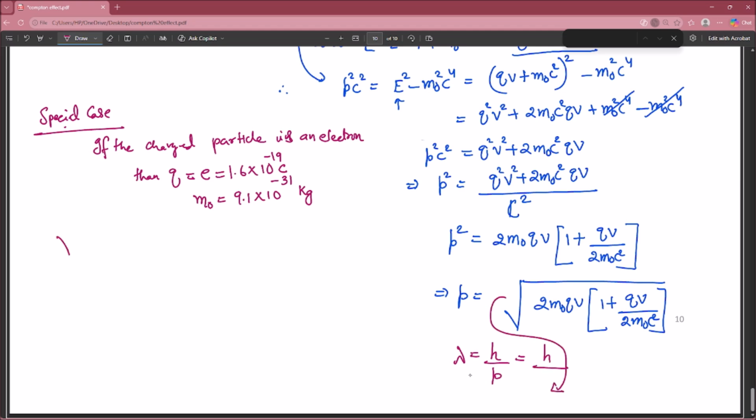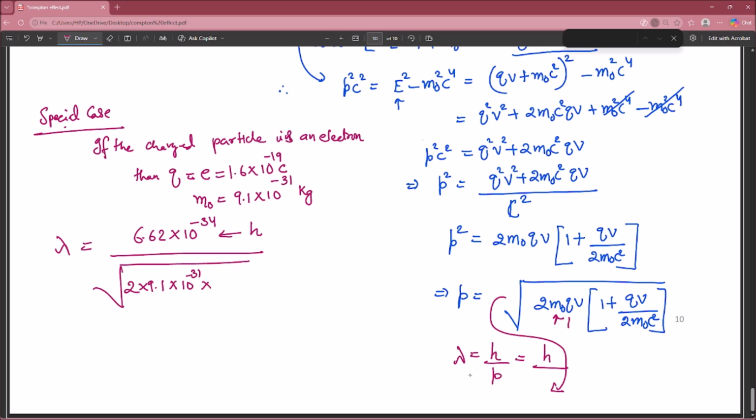So here lambda is equal to 6.62 into 10 to the power minus 34, the value of h, that is Planck's constant, divided by root over 2. In place of m naught we place 9.1 into 10 to the power minus 31.